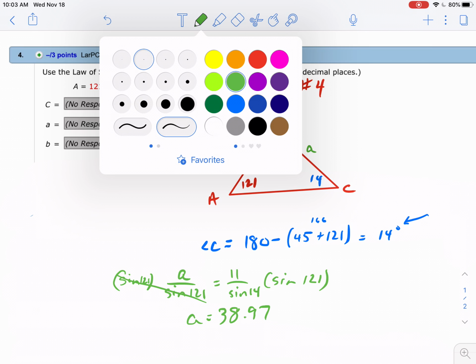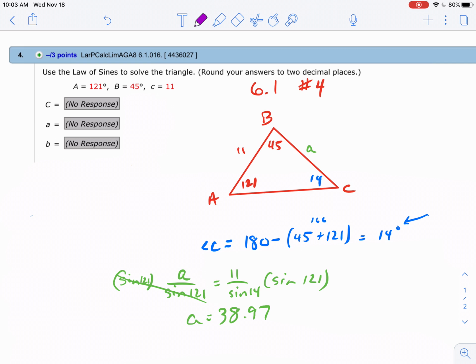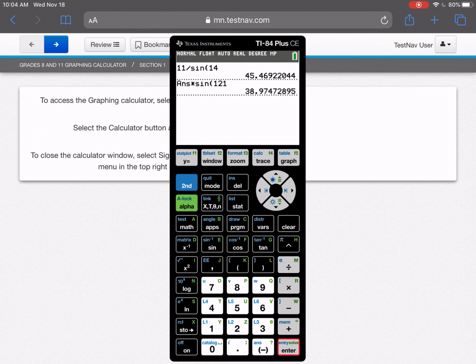And then I can do little b, and little b would go over the sine of 45. And I'm just going to use the 11 and the sine of 14 again. So I could scroll up and grab my answer, or I can just type it in again.